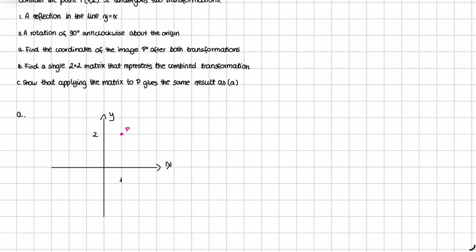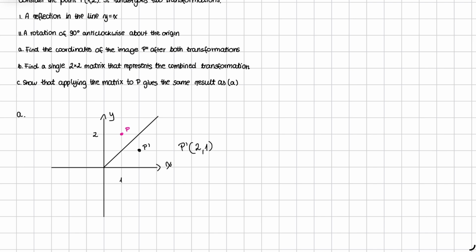So our line y equals x is of course in here, and our point is reflected in the line y equals x, so our point P is now here. We have just swapped coordinates. So our point P after this transformation has coordinates (2, 1).